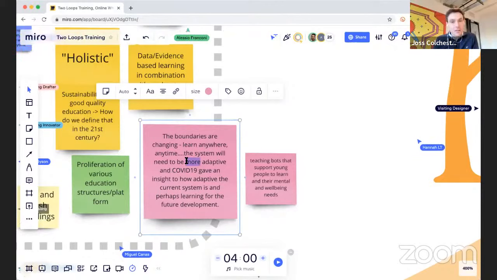COVID is just one thing, it's a shock that has shown how potentially rigid and inflexible the system is. Everyone's got to be in the same place at the same time, and so forth. Something a lot more adaptive is probably needed going forwards. Yeah, Helen.